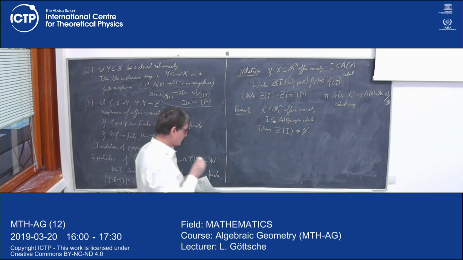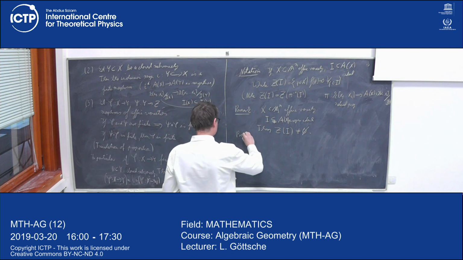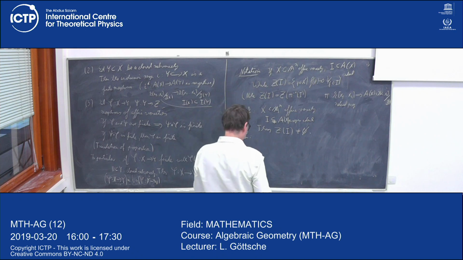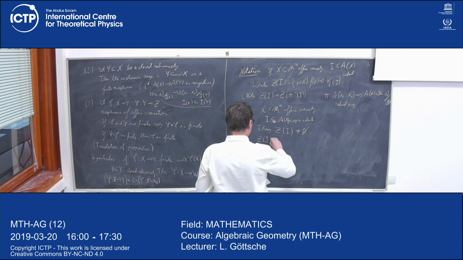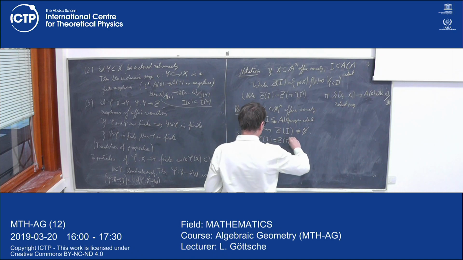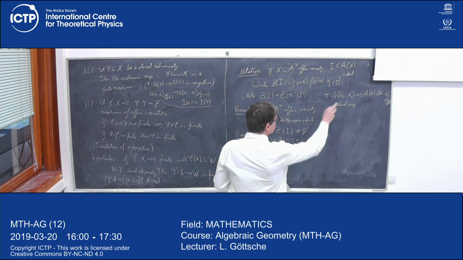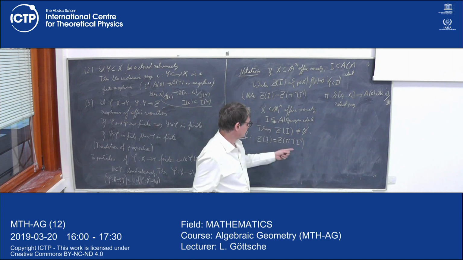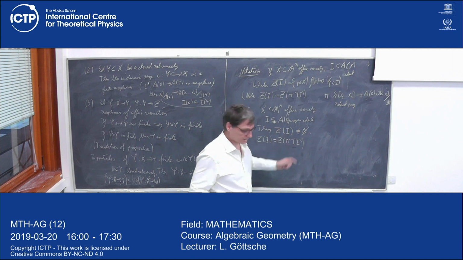It's clear this is just a translation of the usual Nullstellensatz, because Z(I) is just Z(π^-1(I)) for this projection. As this was a proper ideal, this is also a proper ideal.